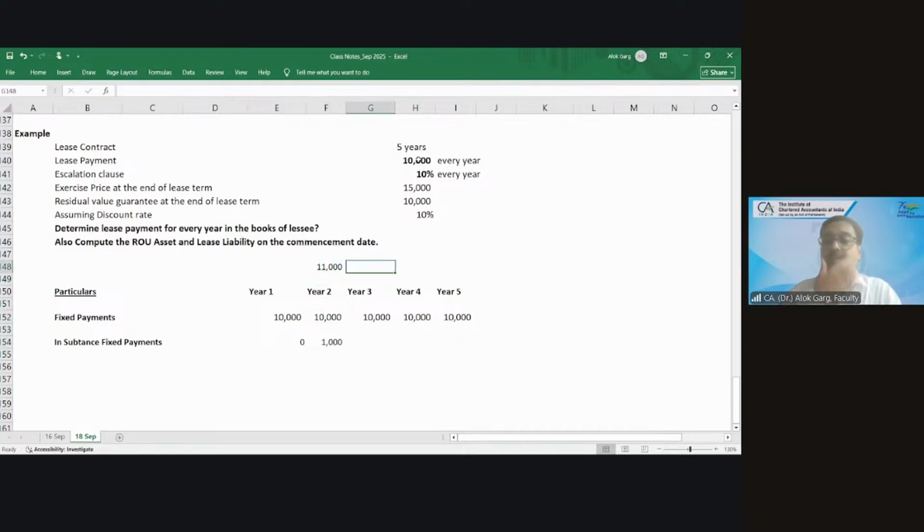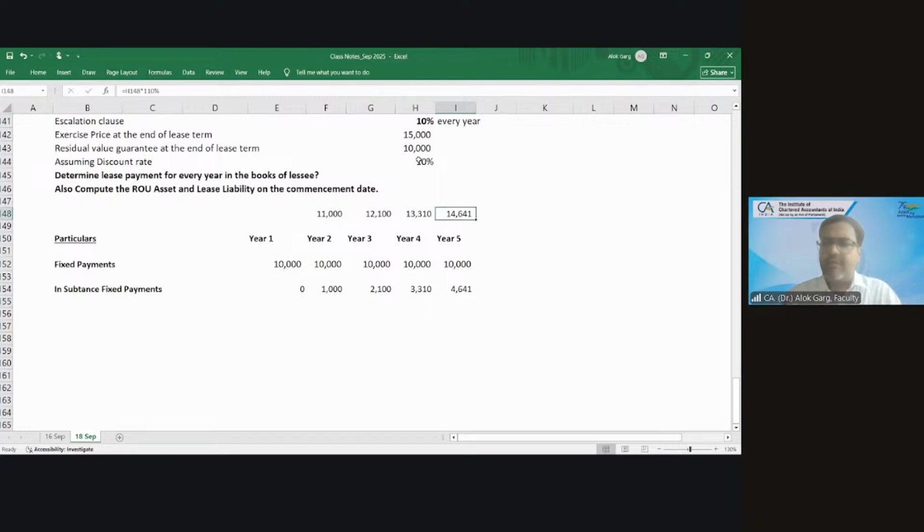What will be the payment in the third year? The rent will become 110% of 11,000. So the in substance fixed payment in the third year is 2,100. Lease payment in the fourth year is 13,310, so in substance fixed payment is 3,310. And the fifth year in substance fixed payment is 4,641. Is that clear to everyone?